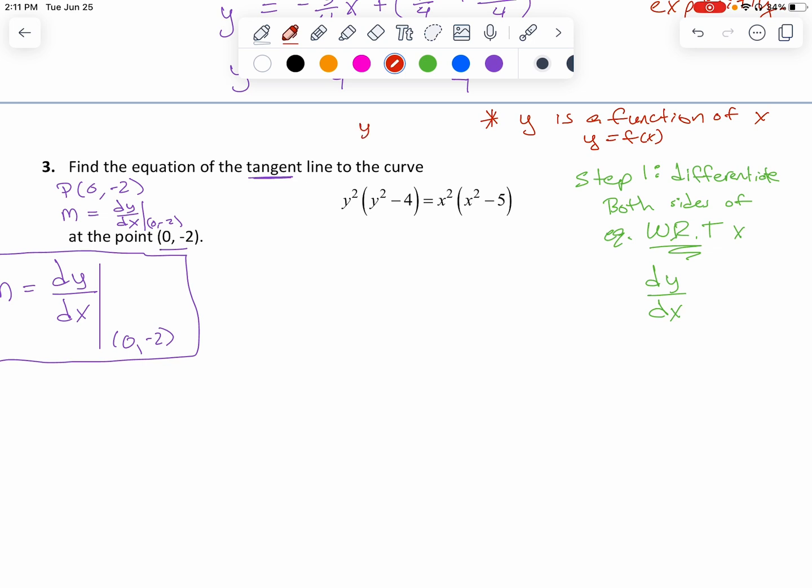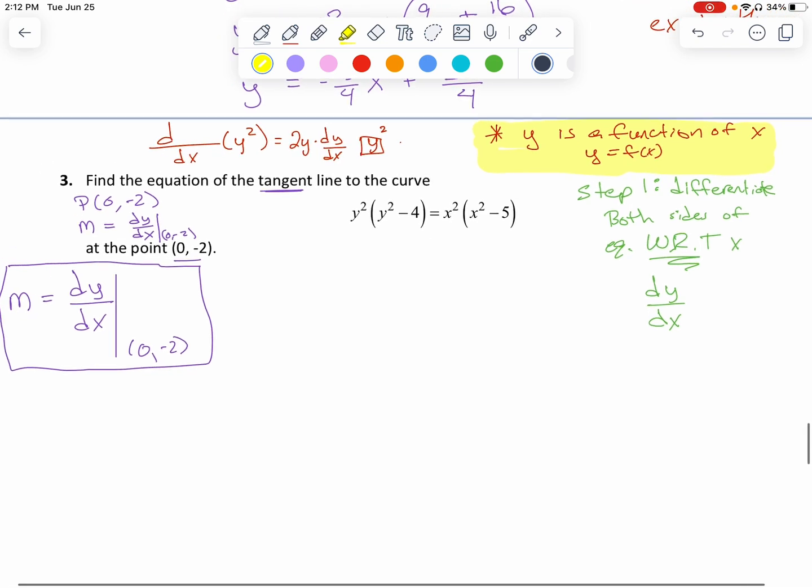So when I see something like y squared, that y is really my inside function, and the derivative of y squared with respect to x would be the derivative of the outside function times the derivative of the inside function. The inside function is y. So y is f of x. We just don't know what f of x exactly is. So to remember that y is a function of x, we treat it like a chain rule with an inside function of y.